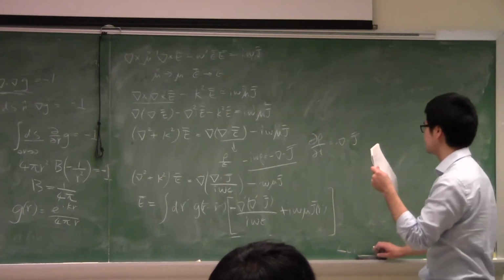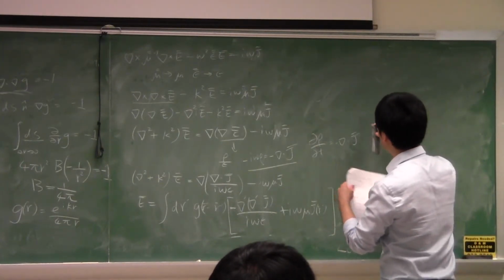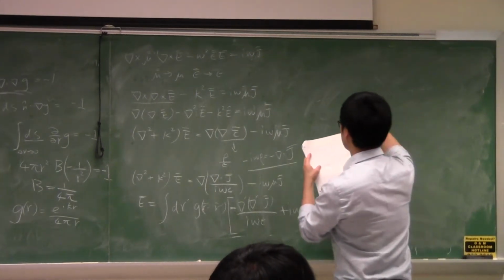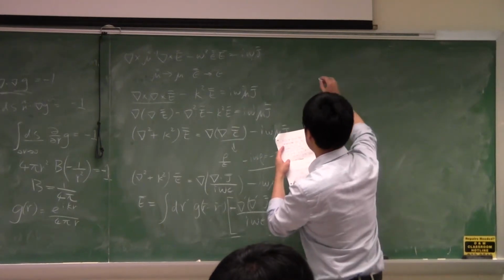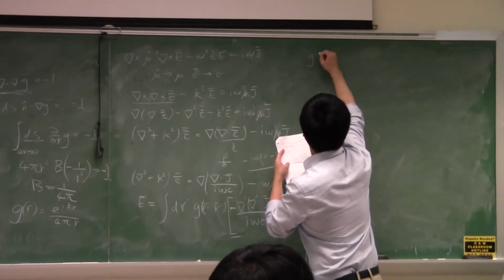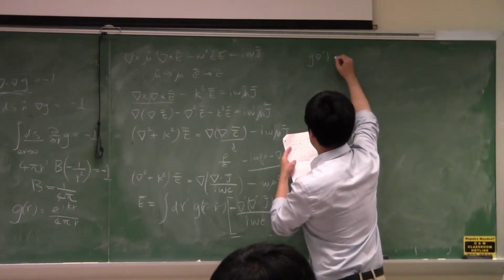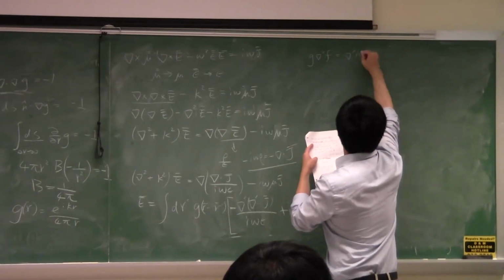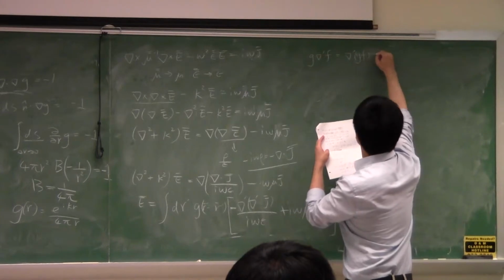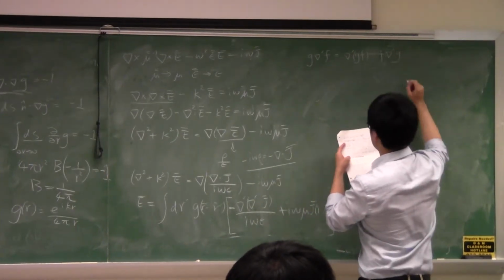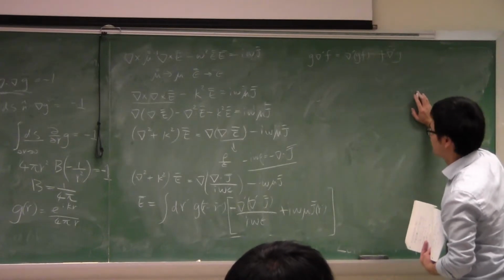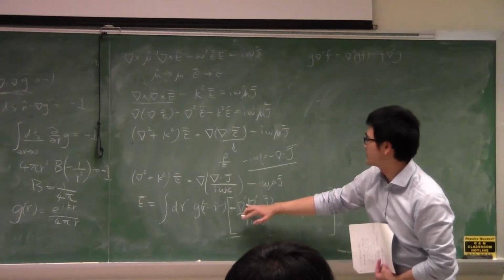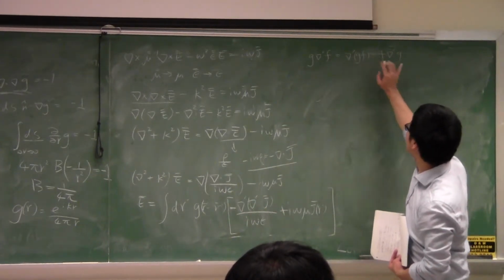Okay, so first we have to use an identity here, which is... but now we see some problem here, because you can see this gradient of G will become this minus here.